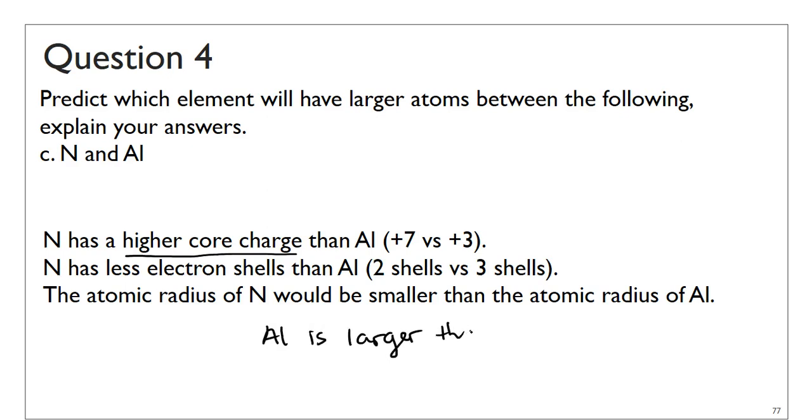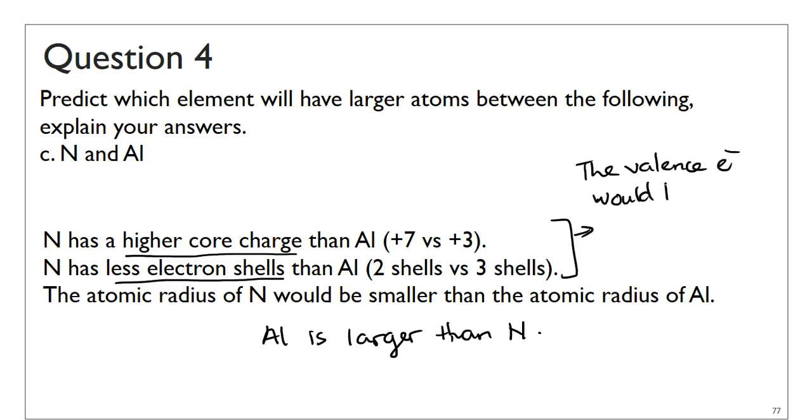than nitrogen. Okay, so first of all, nitrogen has a higher core charge, and it also has fewer electron shells. If you really want to extend this answer, I guess you can say that because of this, the valence electrons would be more attracted to the nucleus in a nitrogen atom.